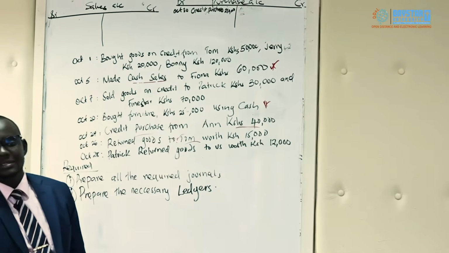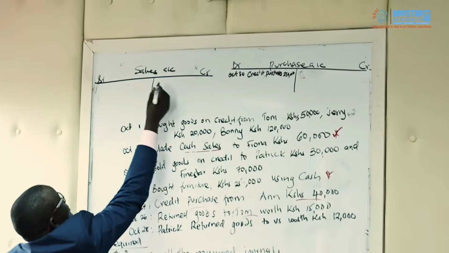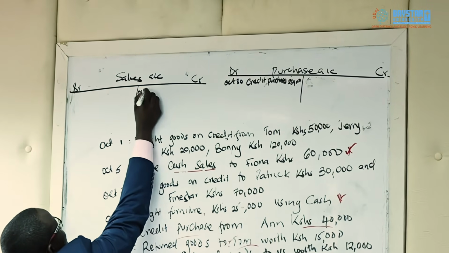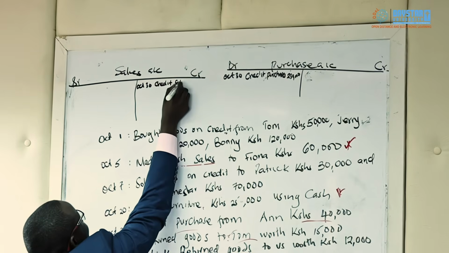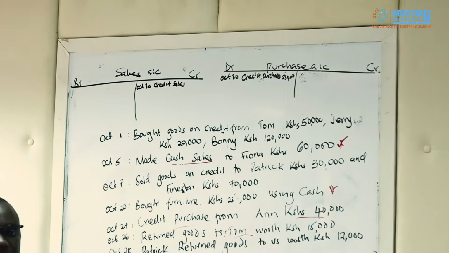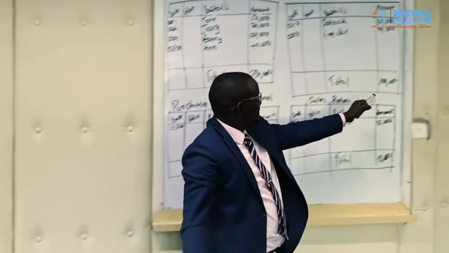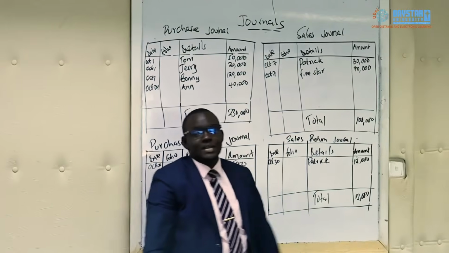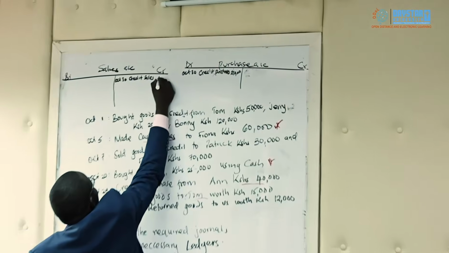Okay, just that. You can also do the same for the sales account, and you say as at October 30th, credit sales. Credit sales from the journal here, total 100,000. So we will just post 100,000.